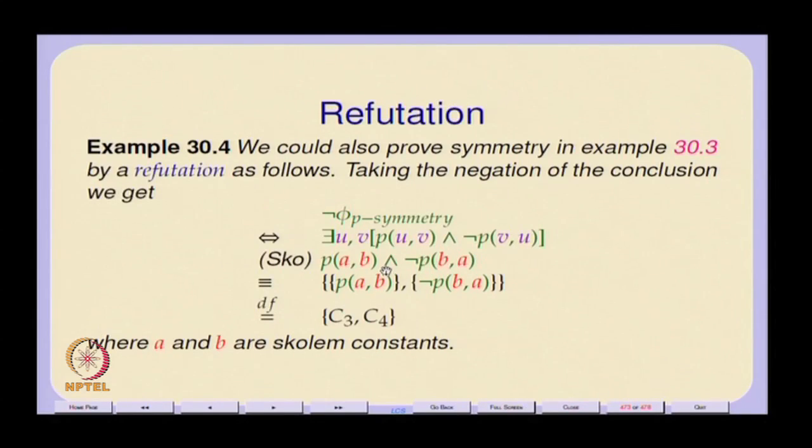On Skolemization, I replace the first existential quantifier by a new function symbol, which is a function of all the universal quantifiers which preceded it.